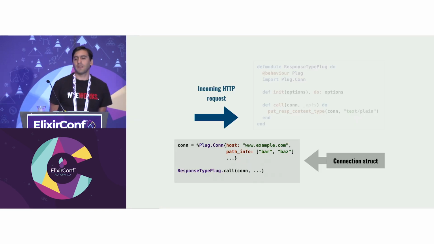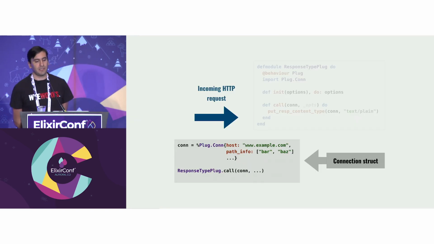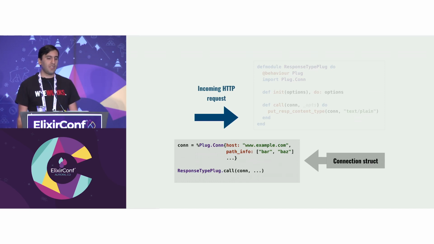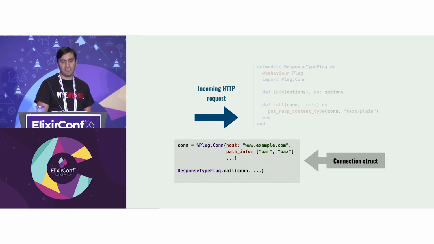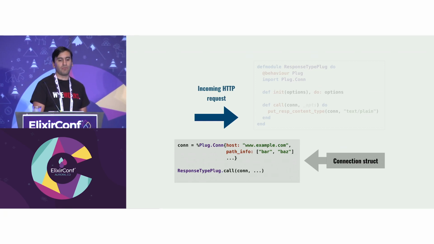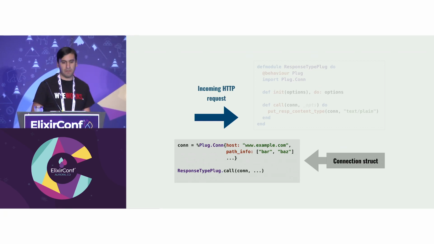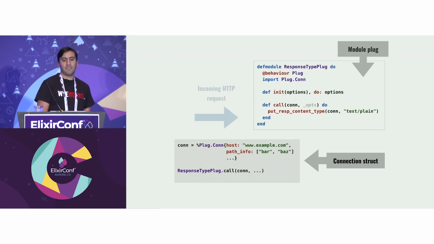So let's start by saying that when an incoming HTTP request arrives in your Phoenix application, you will have a connection struct, a Plug.Conn, that is going to include all the request information. Then, using this information, the idea is to invoke a piece of code that corresponds to our first module plug.